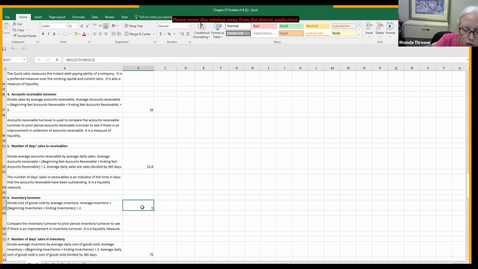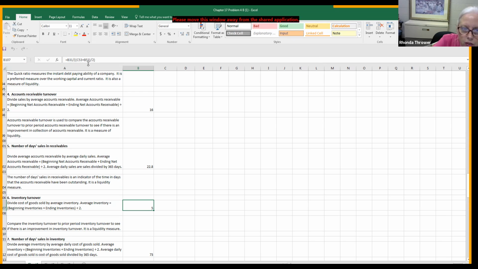In this particular problem, the inventory turnover is 5 times. Again, we take our average inventory, which is found in C53 from above. To find the average inventory, we take our beginning inventory and add our ending inventory to that, which is found in cell address B53.